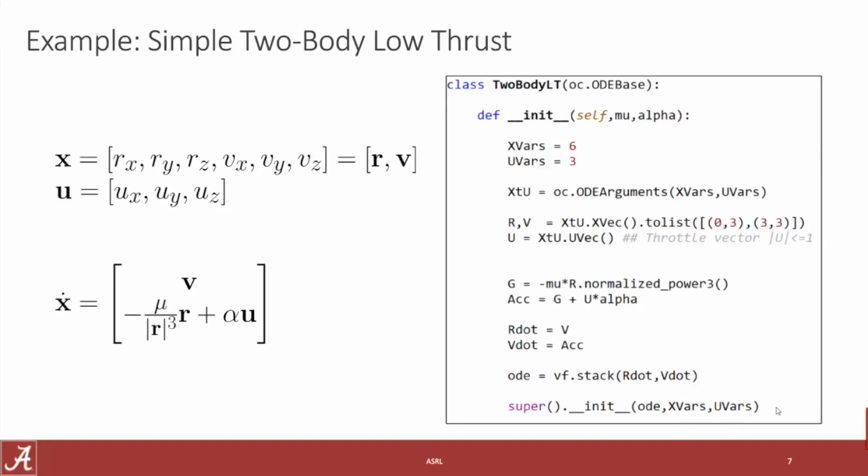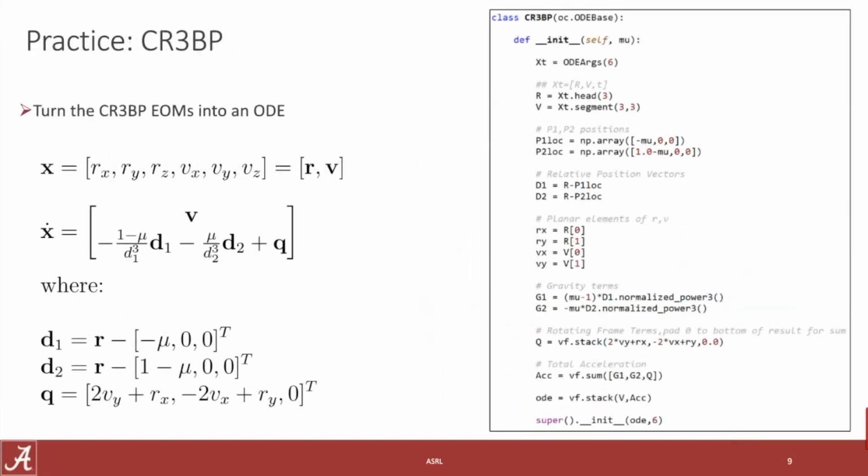Absolutely. Great questions and great points. So the minimum is you need to return your derivatives and your size of states, but if you instantiate it as controlled, make sure to pass the size of controls and then any p-vars if you have any.